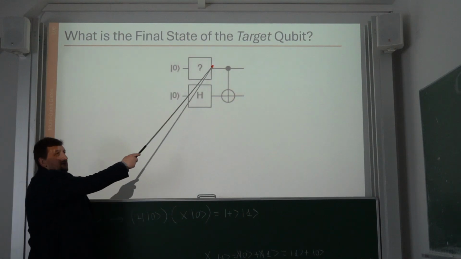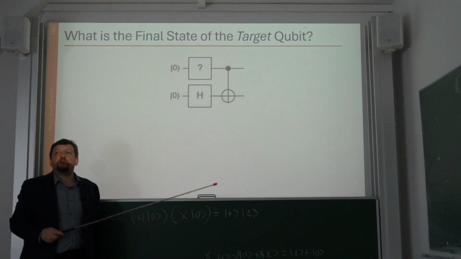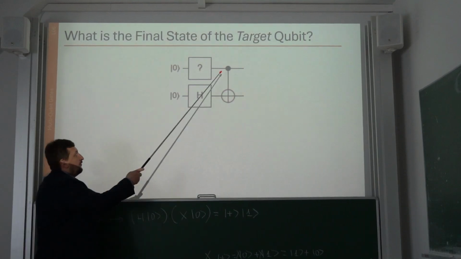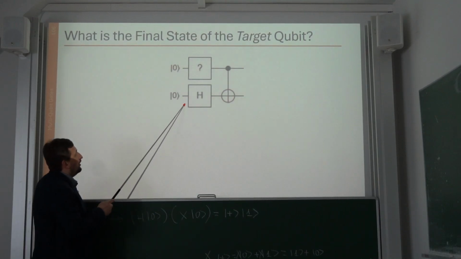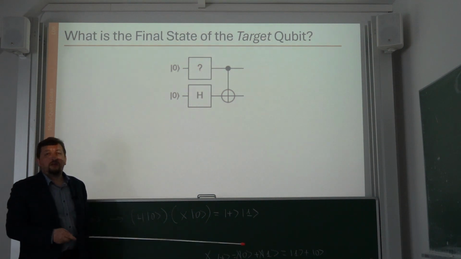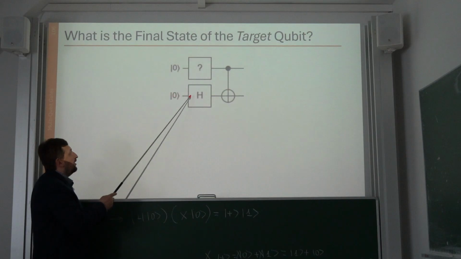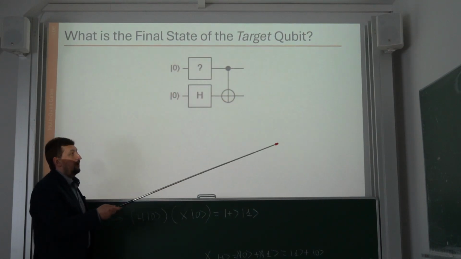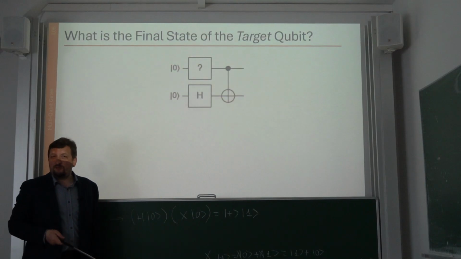If here is 0, I don't know what is here. It can be 0, it can be 1, it can be a superposition of 0 and 1. But if here is 0, then on this state I act with the Hadamard gate and nothing more, so it's state plus. If here is 1, I have the Hadamard gate, X gate, but Hadamard X, while acting on 0, is the same as the Hadamard gate.